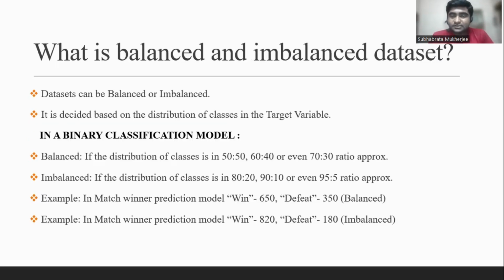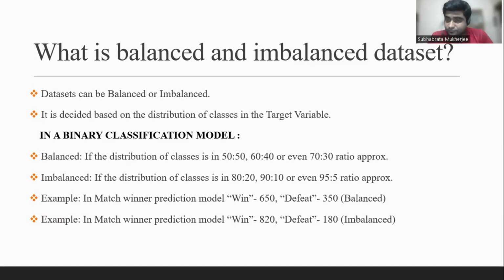So what are imbalanced and balanced datasets? Balanced and imbalanced data is completely decided by the distribution of classes in the target variable. If we take an example of a binary classification dataset, where the target variable contains two classes and the distribution between those classes is 50-50, 60-40, or even 70-30, we can consider this dataset to be a balanced one.